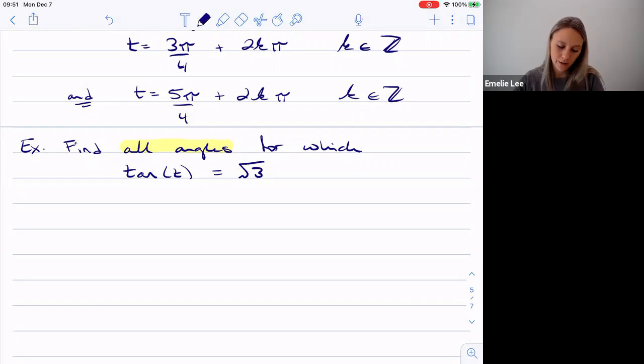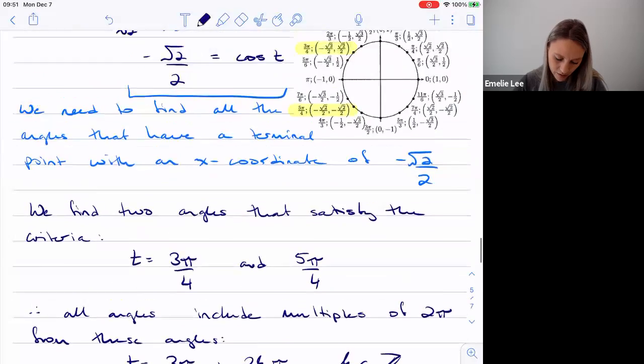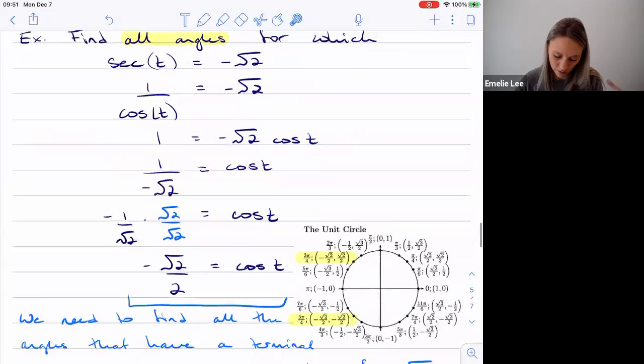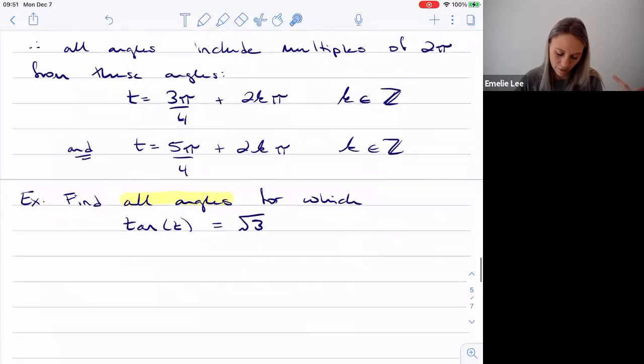Okay. So earlier, we were given the secant, which we morphed into something that we're able to pinpoint on the unit circle, cosine and sine. So I'm going to do the same thing for tan, and I'm going to have to do a little bit of molding to figure out which x and y values are going to give me root 3, because they're going to be a fraction.